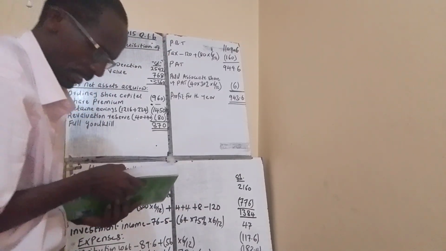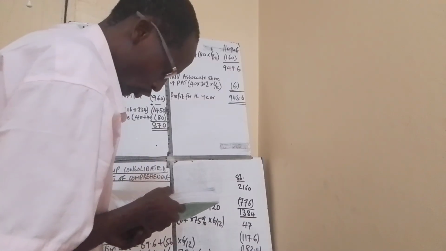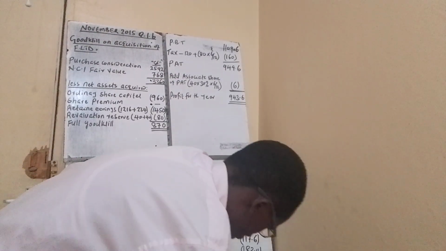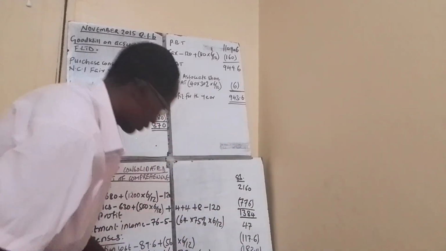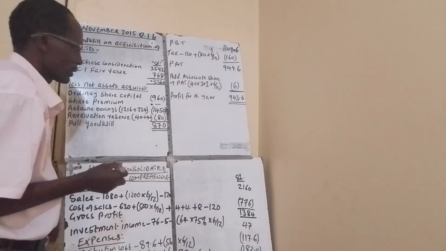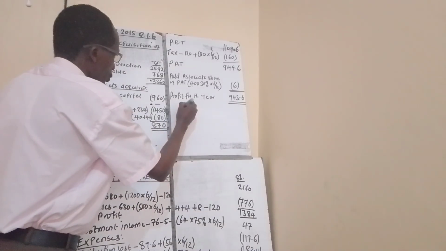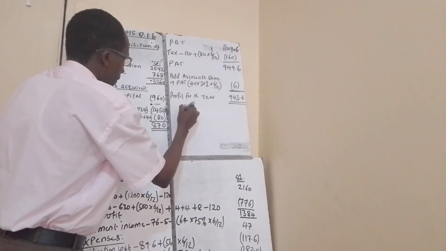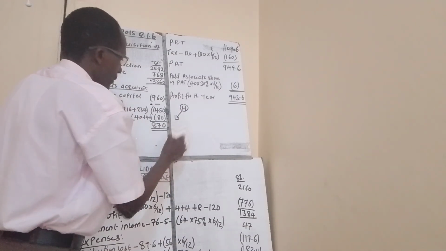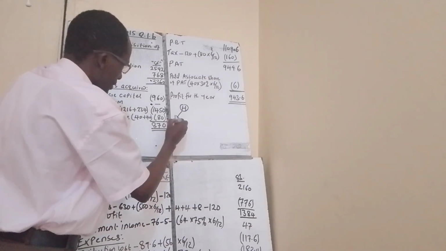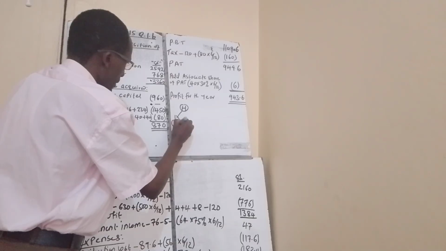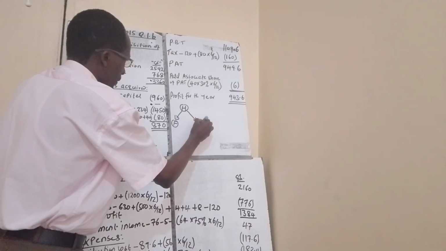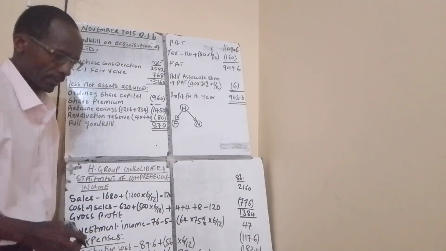Now something that maybe I should show here is the group structure. Is my group structure here, if you allow me, and you can see that we are told H Limited acquired F Limited, and they also acquired another company, N Limited.